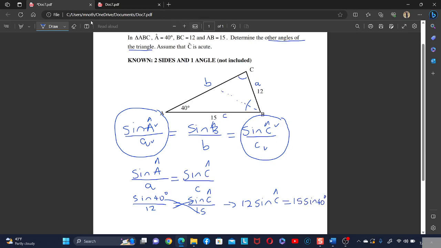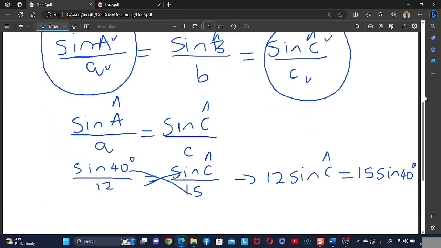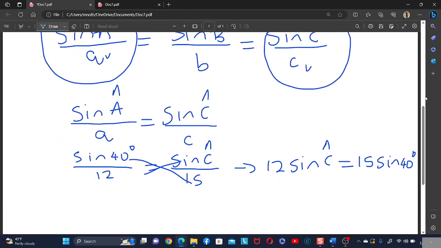Now we are going to continue from here. We are looking for sine angle C, so let's divide by 12 on both sides, because this is the unknown. 12 cancels 12, and we have sine angle C is equal to 15 sine 40 all over 12.